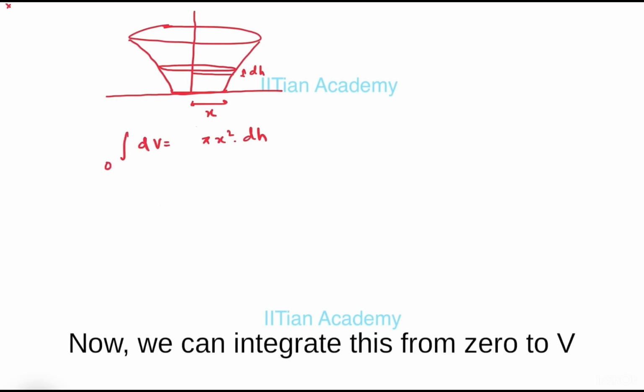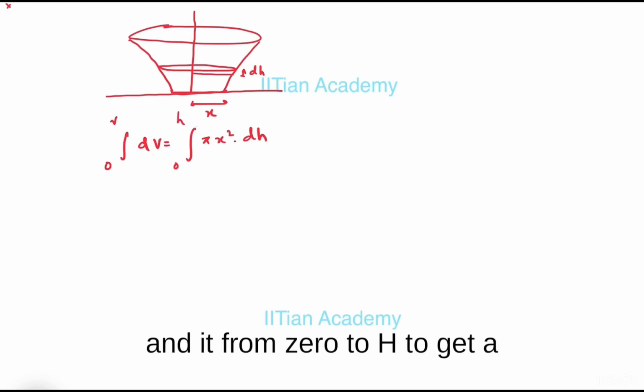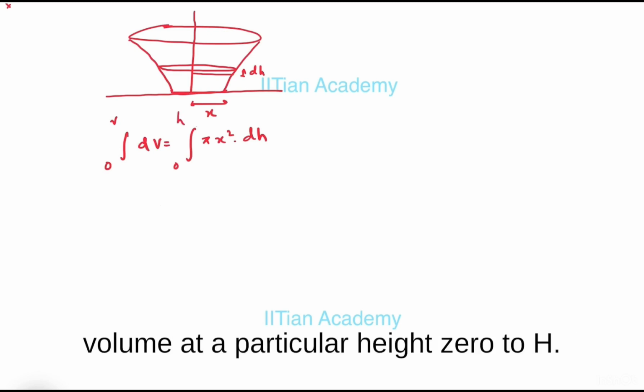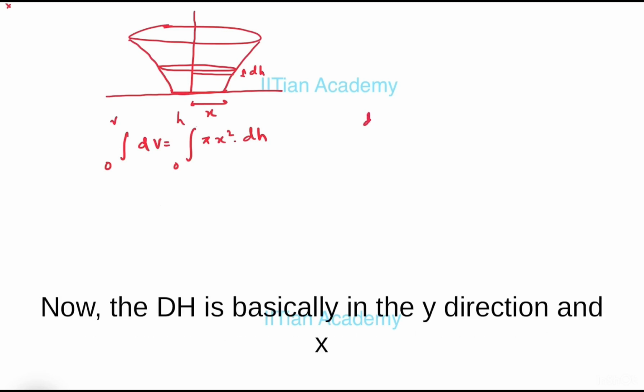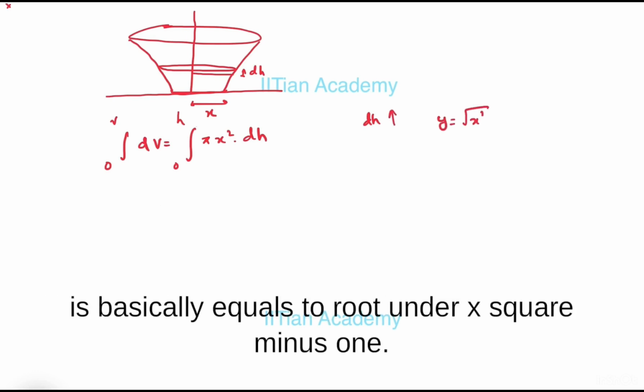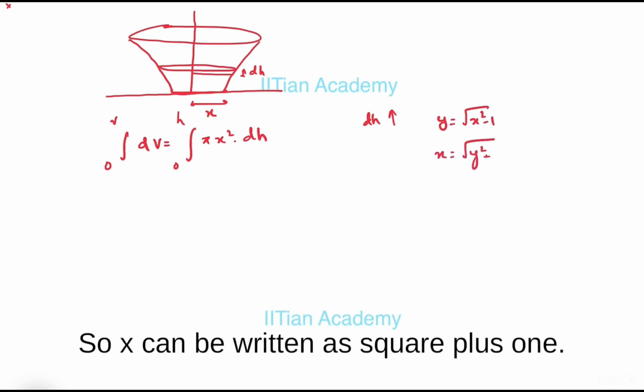Now we can integrate this from 0 to h to get a volume at a particular height. Now the dh is basically in the y direction and y is equal to root under x square minus 1. So x square can be written as y square plus 1.